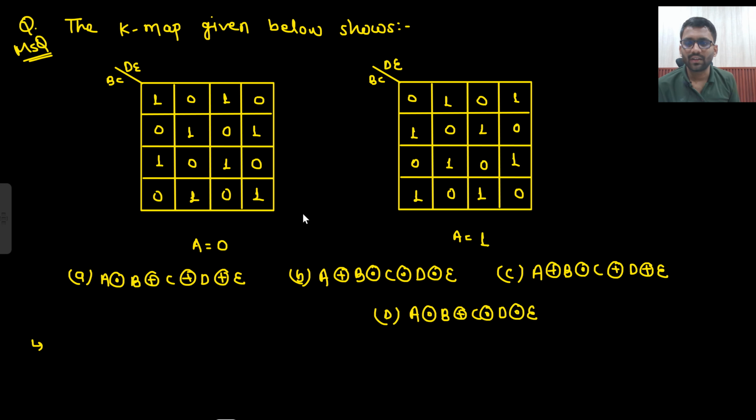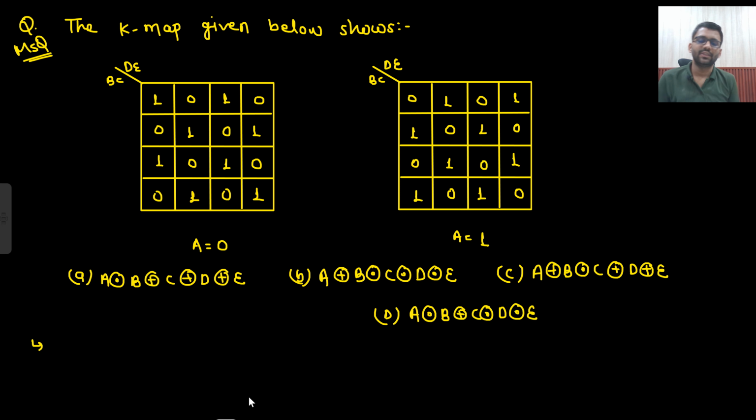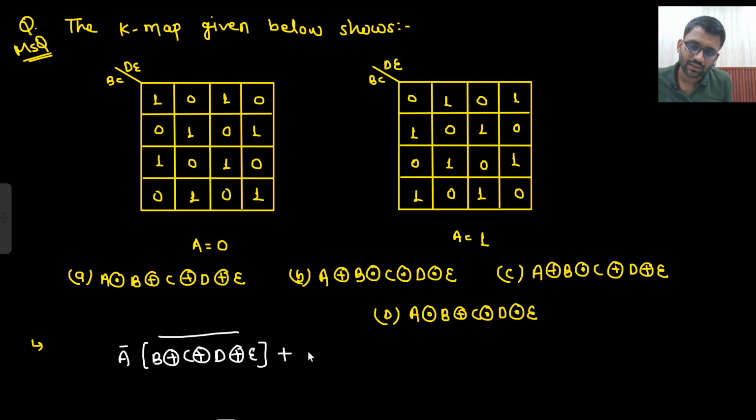The same K-map is given. The same K-map is given. But yeah, these 0s and 1s are replaced. So for A bar you are getting B XOR C XOR D XOR E bar, plus for A you are getting B XOR C XOR D XOR E. So this is X bar Y bar plus XY.